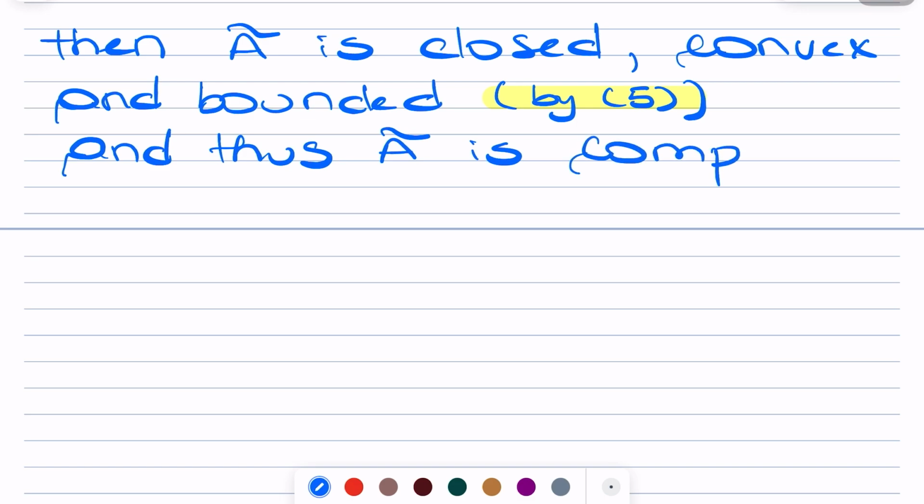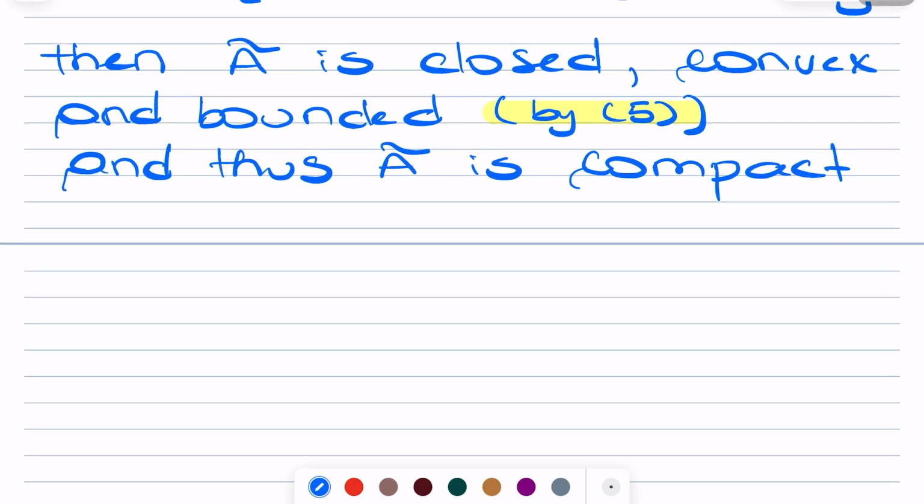Remember corollary 3.22: if you have a closed, bounded, and convex subset of a reflexive space, we do not even need convexity, then it is compact in the weak topology.